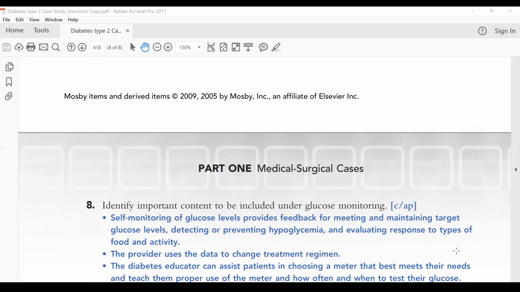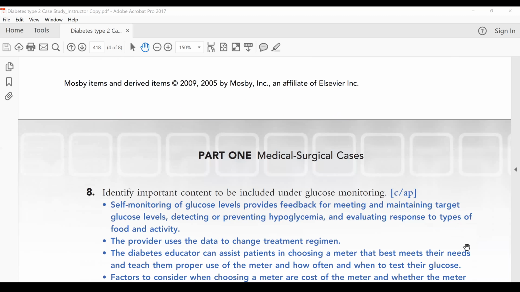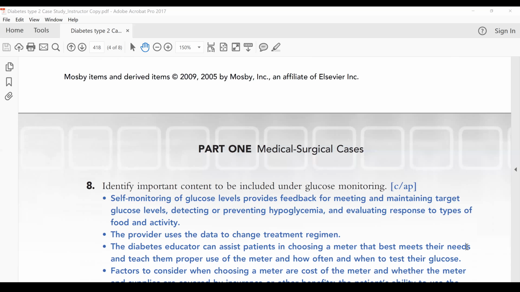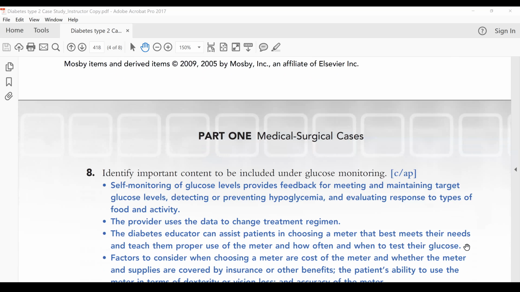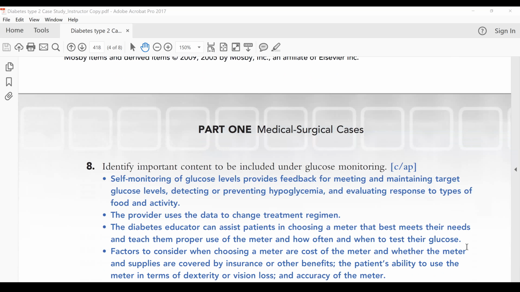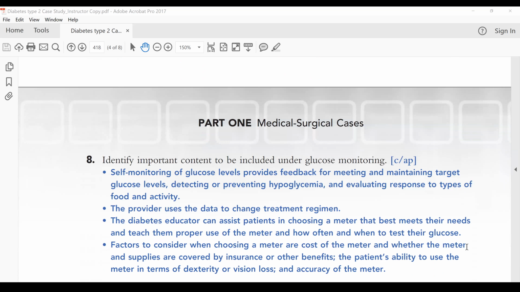A diabetic educator can assist in choosing the best meters for them, teach them the proper way to use it, to clean it, to test it, the glucose strips, etc. Cost involved, the cost factors with supplies. If they need to get needles, then where to get them from. Pharmacy usually gives that to them. The ability to use it based on their dexterity or their vision, and the accuracy of the glucometer.